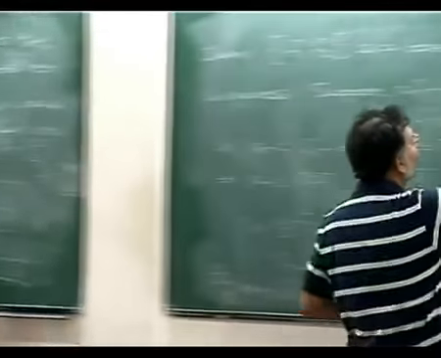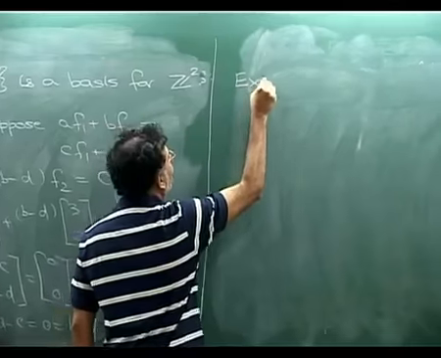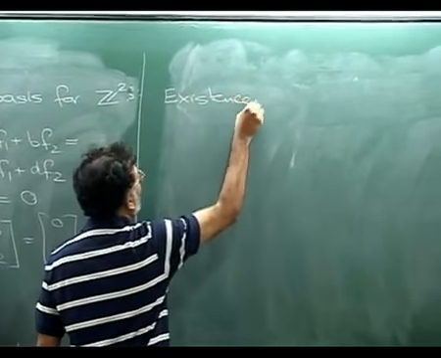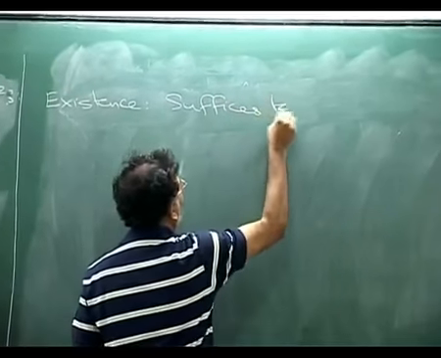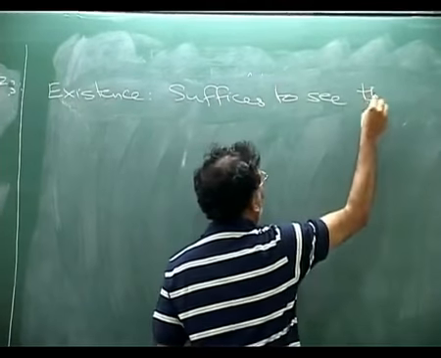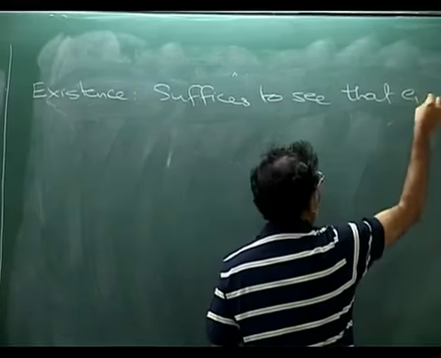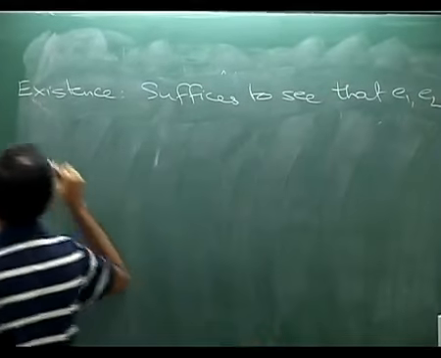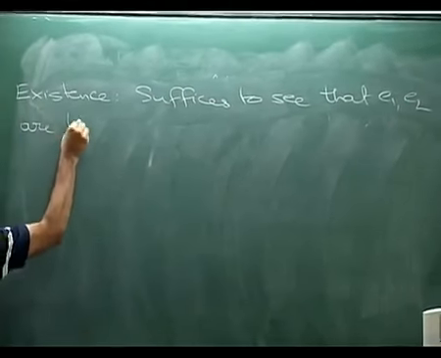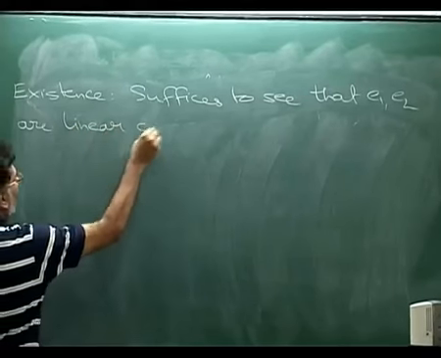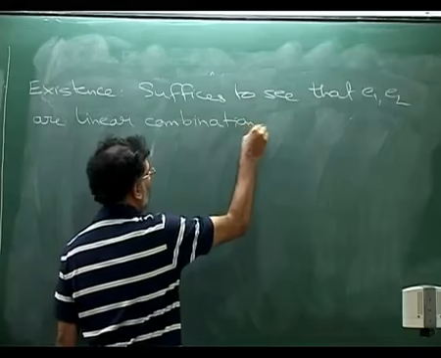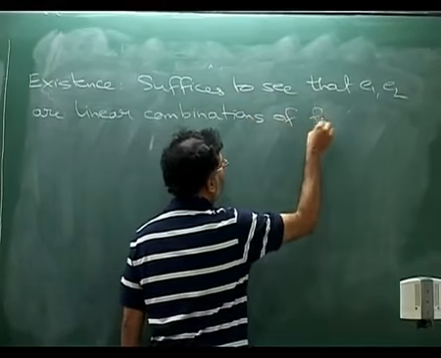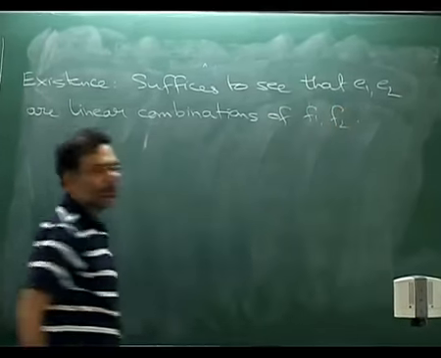So existence suffices to see that E1, E2 are linear combinations of F1, F2.